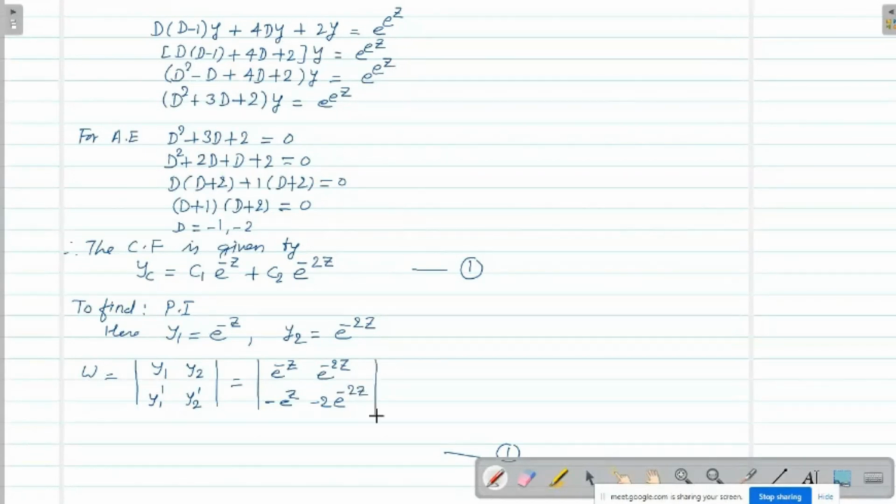Correct? So I'm taking the derivative of this. So just find out the determinant, just cross multiply. Minus 2 times e raised to minus z into e raised to minus 2z, minus minus plus. So e raised to minus z into e raised to minus 2z.